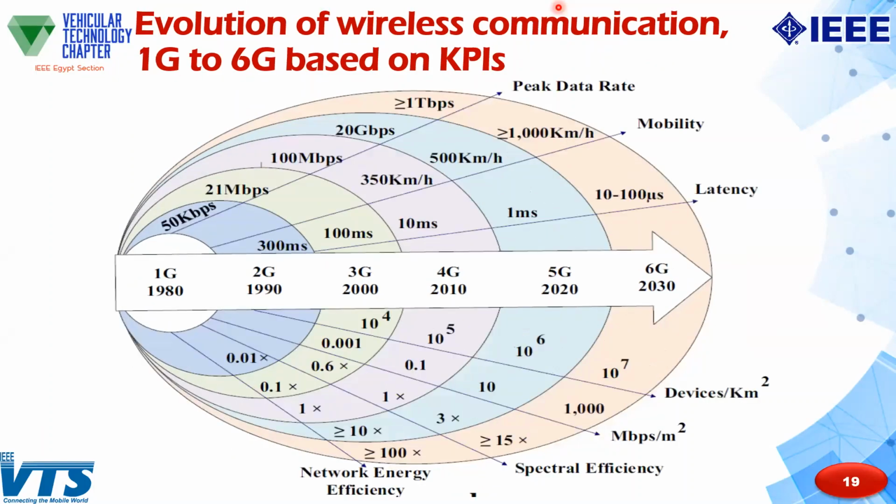From the KPI perspective, you can see from the left side that in 2G we have about 50 kilobits per second, and up to 6G we will have 1 terabit per second per user. The delay was 300 milliseconds, and now the delay is about 10 to 100 microseconds.